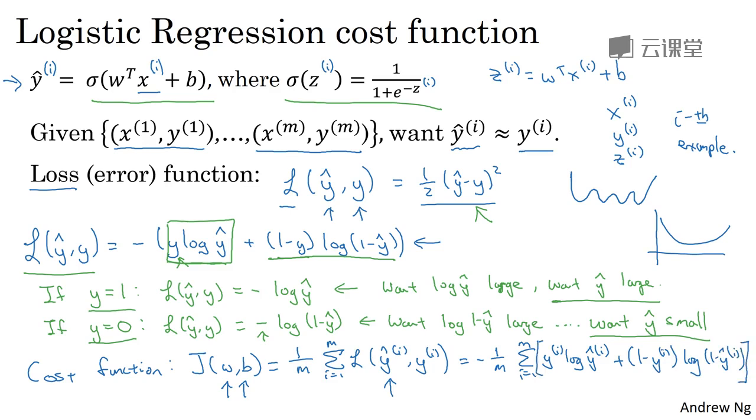So the minus sign is outside everything else. So the terminology I'm going to use is that the loss function is applied to just a single training example, like so, and the cost function is the cost of your parameters. So in training your logistic regression model, we're going to try to find parameters w and b that minimize the overall cost function J written at the bottom.